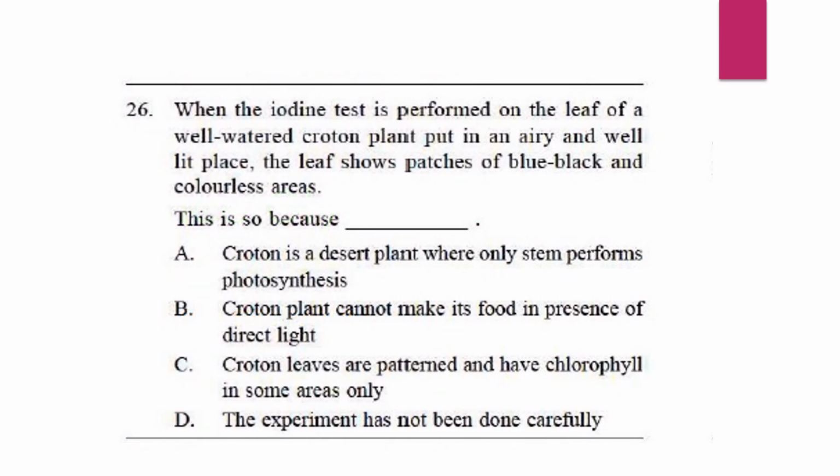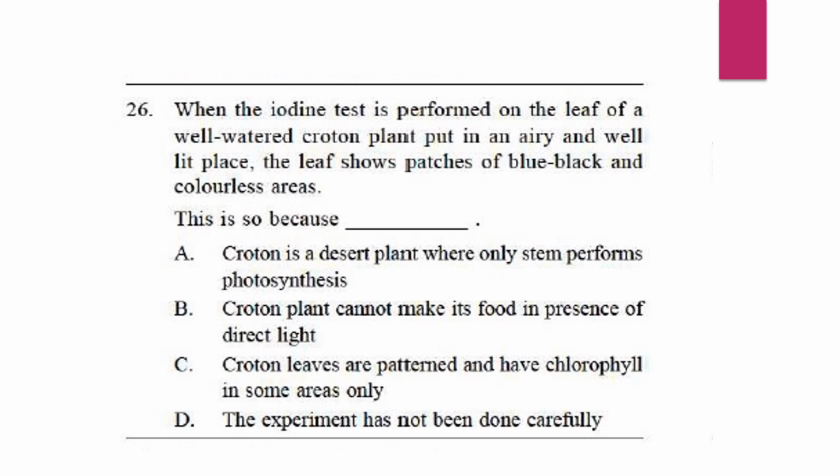Question number 26. When the iodine test is performed on the leaf of a well-watered croton plant kept in an airy and well-lit place, the leaf shows patches of blue-black and colorless areas. This is so because option A, croton is a desert plant where only the stem performs photosynthesis.